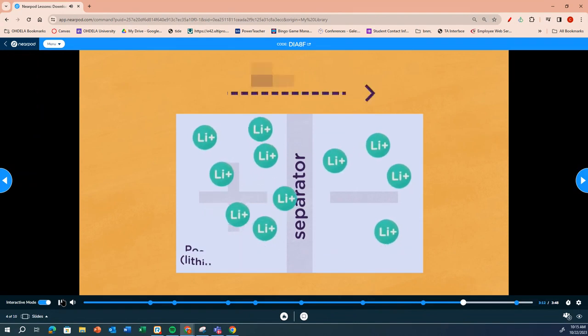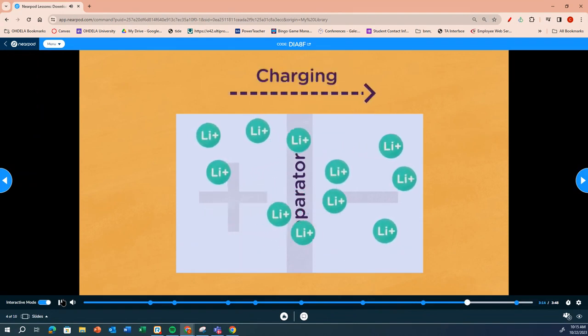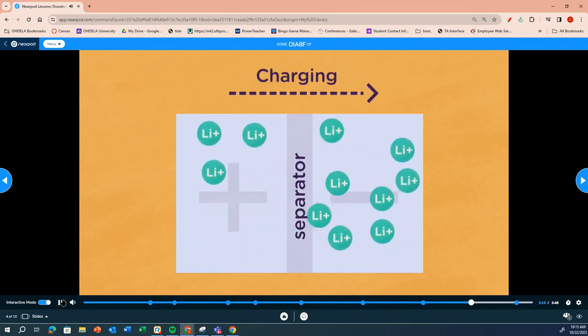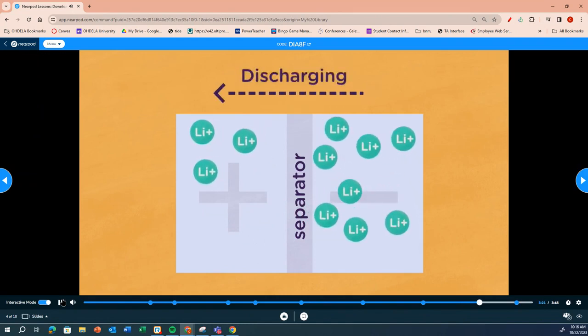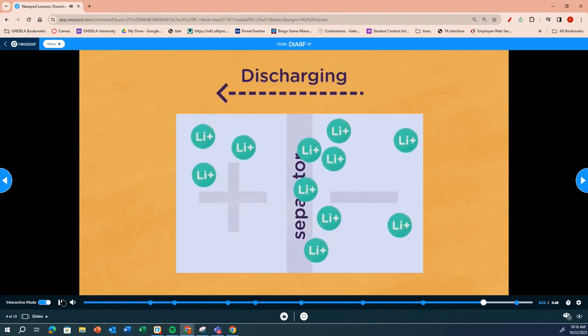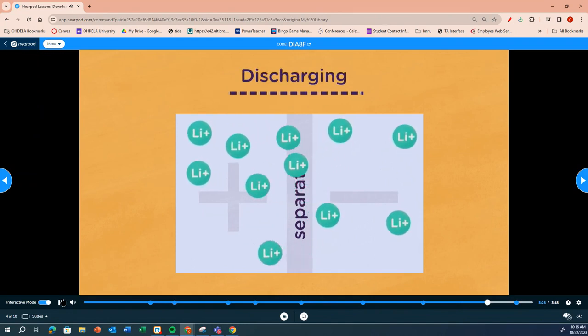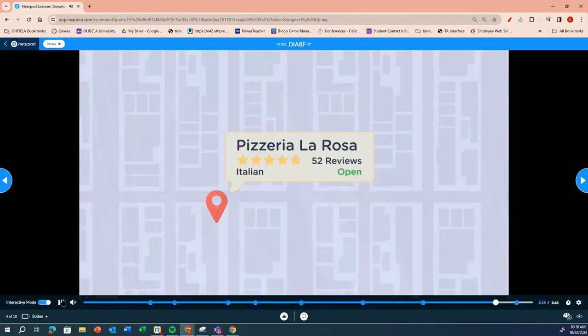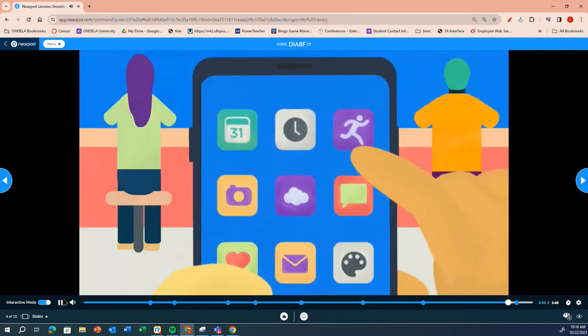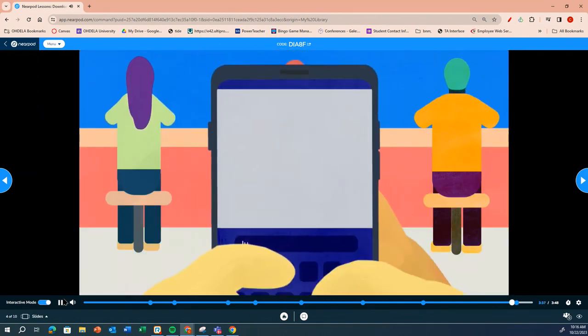When the battery is charging, the positive electrode gives up some of its lithium ions, which move through to the negative electrode. When the battery is being used, the lithium ions travel back to the positive electrode, producing the energy needed to do things like map directions to a new restaurant in town. By utilizing the general properties of metals, metalloids, and nonmetals, we can continue to create incredible advancements in technology.